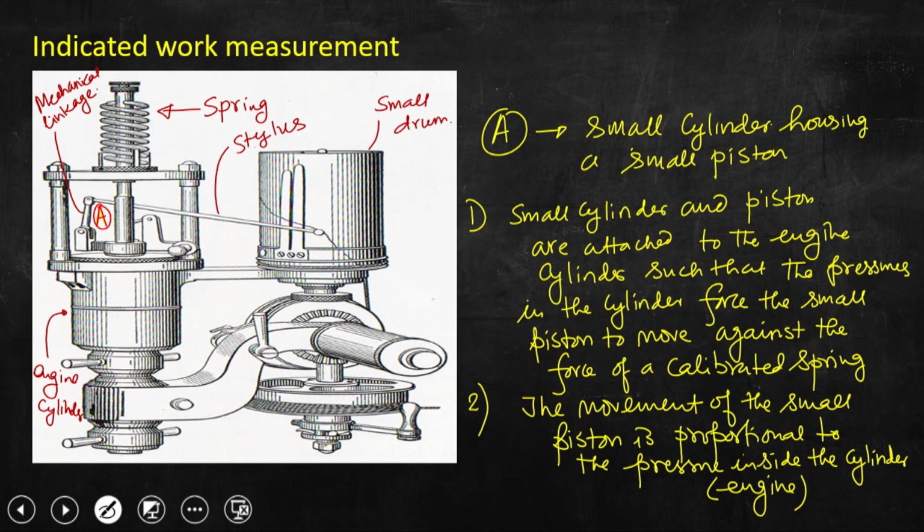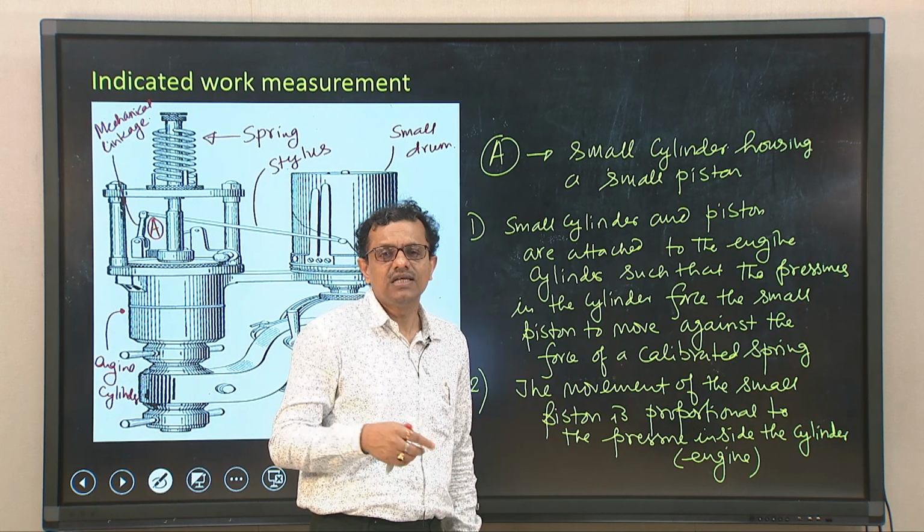The stylus moves up and down parallel to the axis of the drum. But the drum itself is oscillating in tune with the engine stroke.